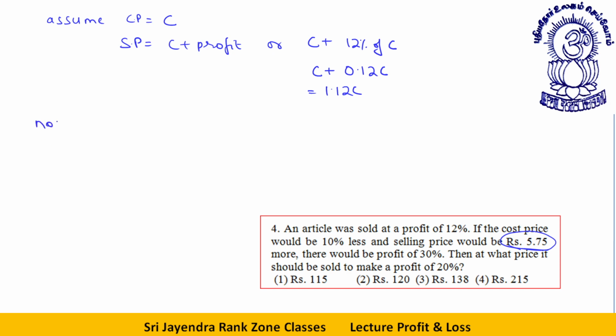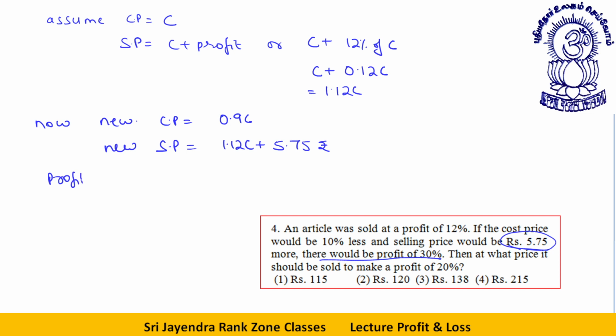Now, what is the new CP? New CP will be 0.9 C. New SP will be 1.12 C plus 5.75 rupees. There would be a profit of 30%.